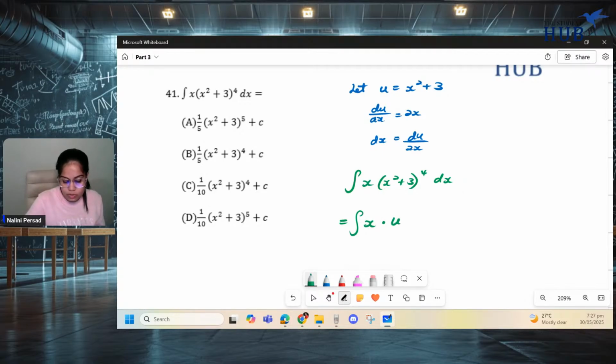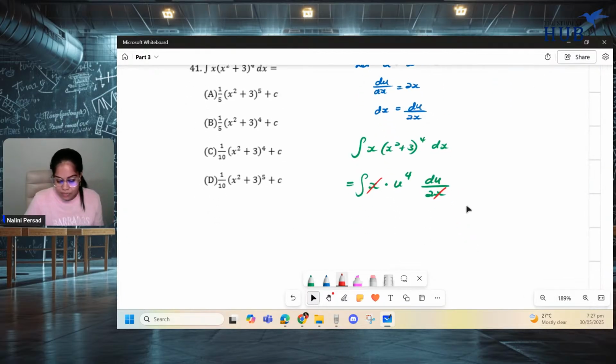This is u to the power 4, and dx is being replaced by this. So certain things happen where the x's cancel. You see a constant? You're going to throw it outside. That is a division by 2.